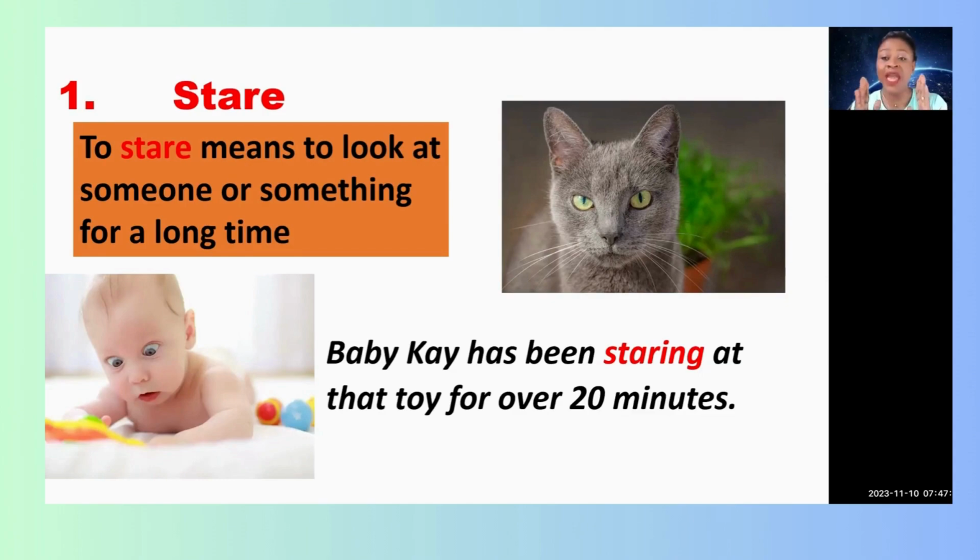That means he has been focused. He has been looking at that toy like non-stop for some time. That is the meaning of stare. That means you focus your eyes, you're looking at a particular thing or a particular place for a reasonable time, that somebody watching you will actually realize that you are focused on that particular thing.